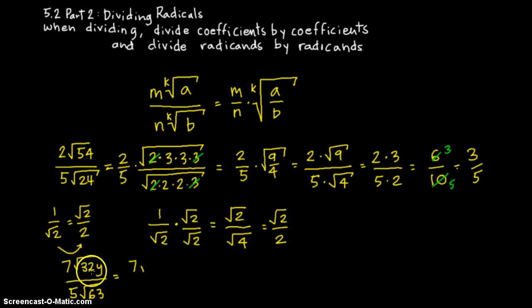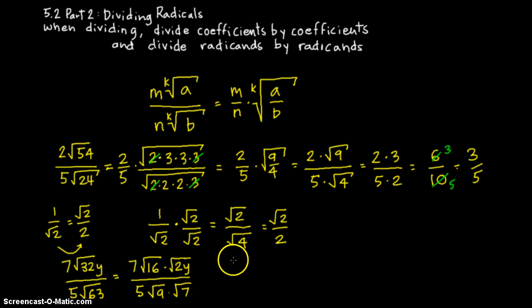This is, I could say 32y is the same as saying root 16. There's a 16 into 32 times root 2, but now I got to get the y over, so I'll put the y over here. That way I single out the 16, because 16 I know I can do something with. At the bottom I got 5 root 63. 63, that's 9 times 7.